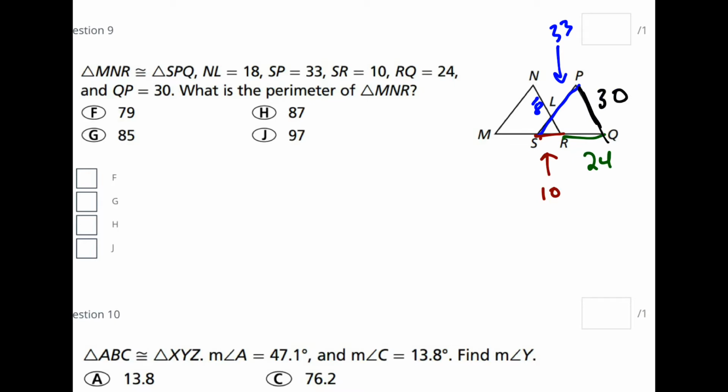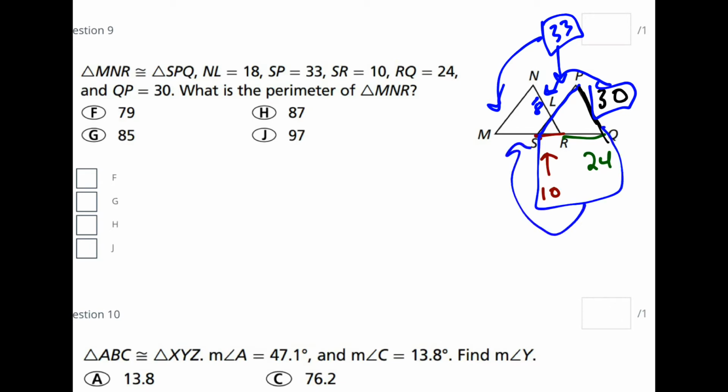And they want to know the perimeter of triangle MNR. Since these two triangles are congruent, we can match up sides. So this 30 corresponds over here with 30. Same thing with 33, it matches up over there. And this 24 plus 10 gives us 34, and that matches up at the bottom. So we have 33 plus 30 plus 34. The answer is 97.